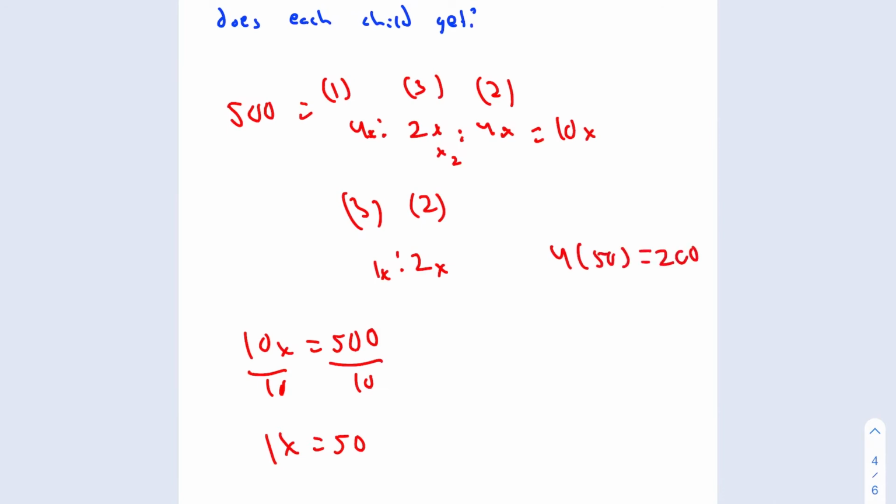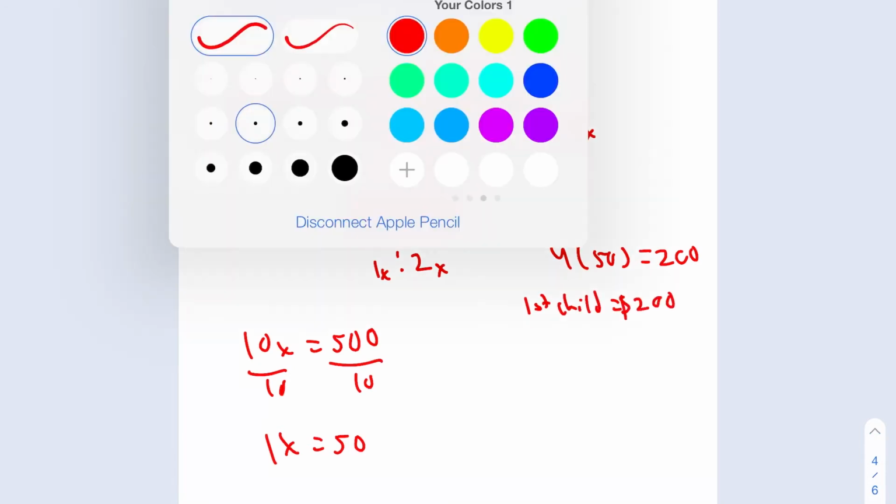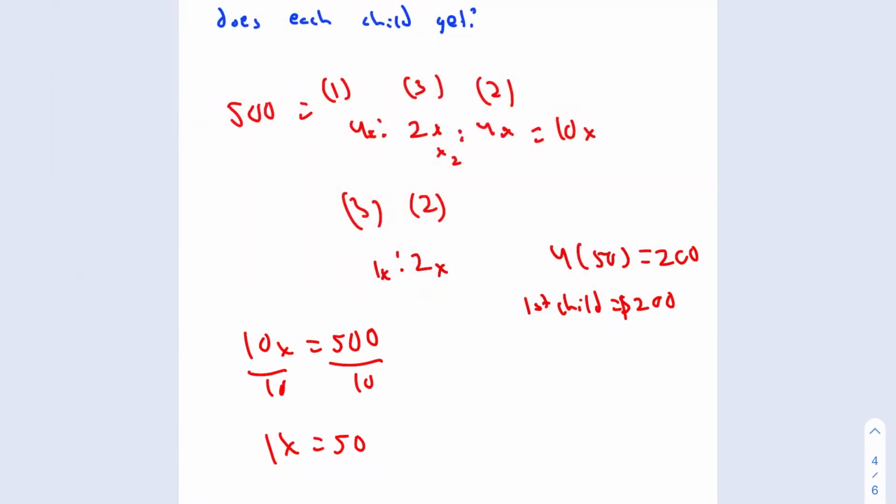So the first child got $200. The second child got just as much. So you do 4 times 50 is equal to 200. And that means the second child got 200.